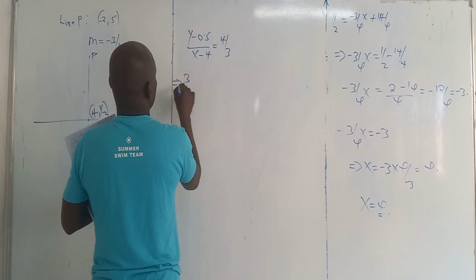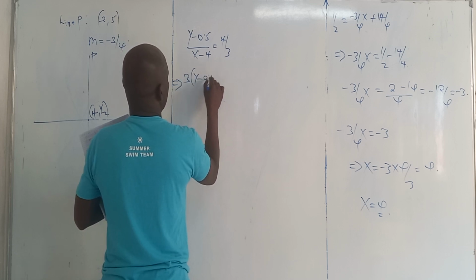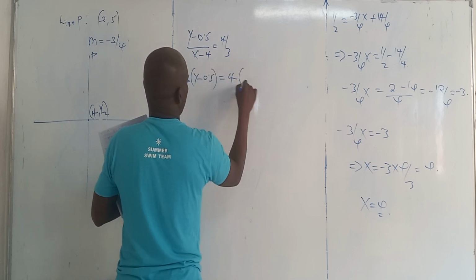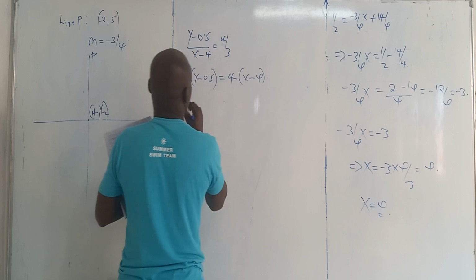Therefore, 3 into (y minus 0.5) is equal to 4 into (x minus 4).